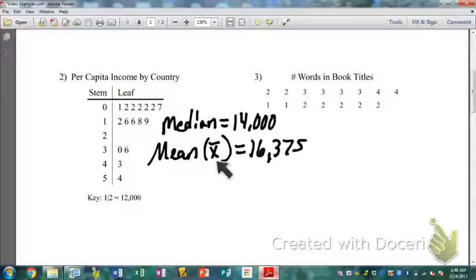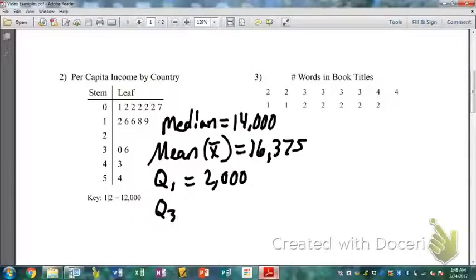Actually, you know what? I don't care. You can write the X with a line over it. You don't have to write both of those. Either of those will be acceptable. Because you won't see it on your EOC written that way. They'll use the word mean, but later in math you'll see that. So I'm okay if you get to where you're used to using that symbol. Fine with that. Lower quartile Q1 is 2,000.